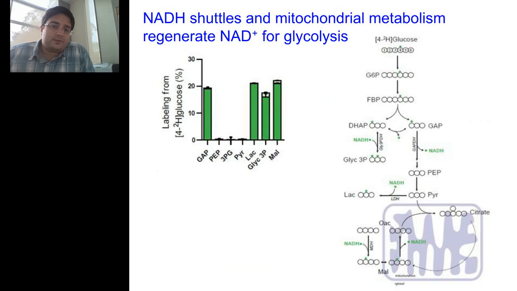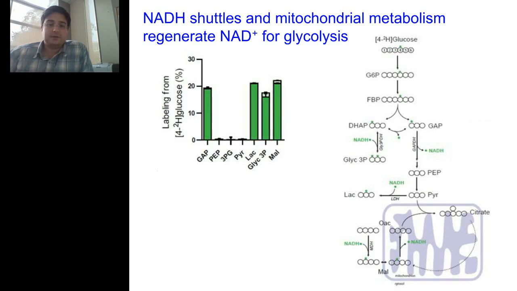Rather than label the 3 hydrogen on glucose, we can also label the 4 hydrogen, which is transferred to NADH rather than NADPH in the midst of glycolysis. NADH needs to be regenerated through a number of different pathways, including lactate dehydrogenase, the glycerol 3-phosphate shuttle, and the malate aspartate shuttle as well.